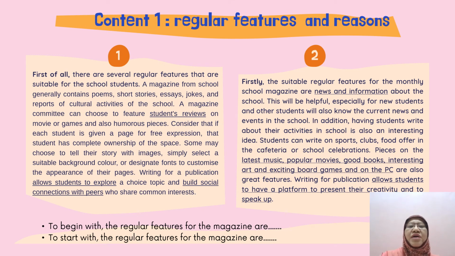Now, I have two ways on how to discuss content 1, the regular features and the reason. Remember to provide the advantages and disadvantages of your ideas. Always use cohesive devices to start, connect, and link your ideas. Let's look at the first sample. First of all, there are several regular features that are suitable for the school students.